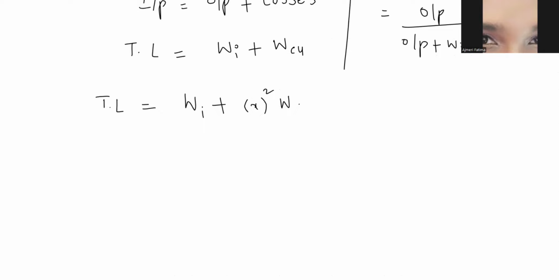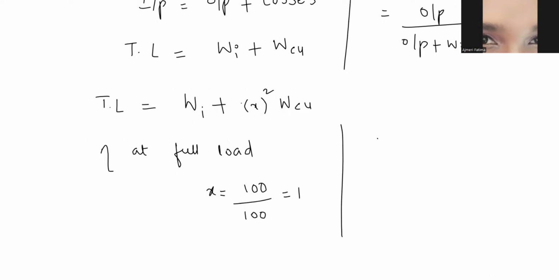So what is this x? For example, if you are asked to find the efficiency at full load, what is the value of x? Full load means 100 by 100, so it would be 1. For efficiency at half load, x is equal to 50 by 100, which gives 1 by 2.